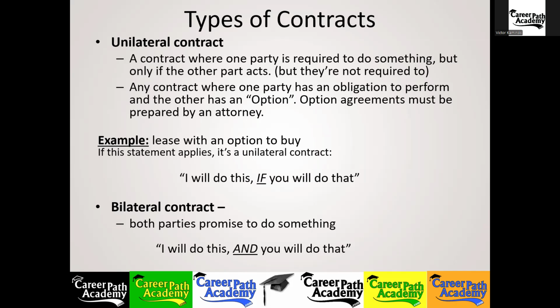Here's an example of a unilateral contract, one that gives someone an option. If it says something like this, I will do this, if you will do that. If you can apply that statement to your situation, that one party's going to do something, but only if the other does something, that's a unilateral contract. Whereas a bilateral contract, the litmus test would be, I will do this and you will do that. Both parties have an obligation to do something.